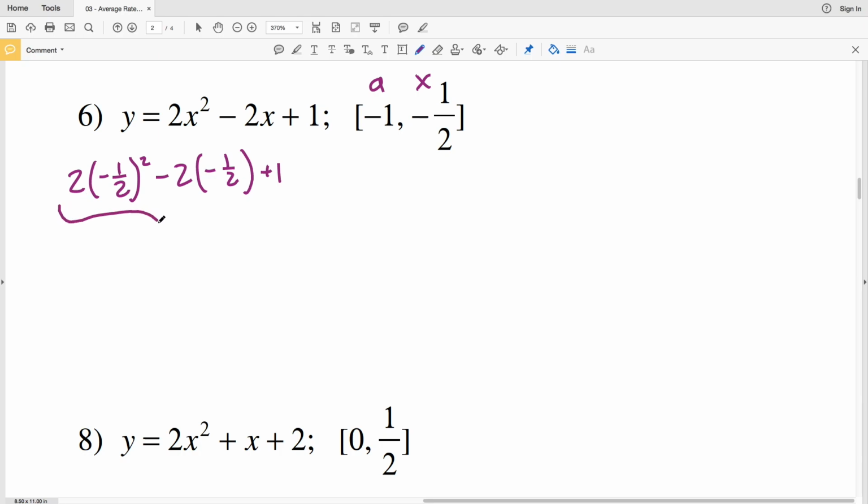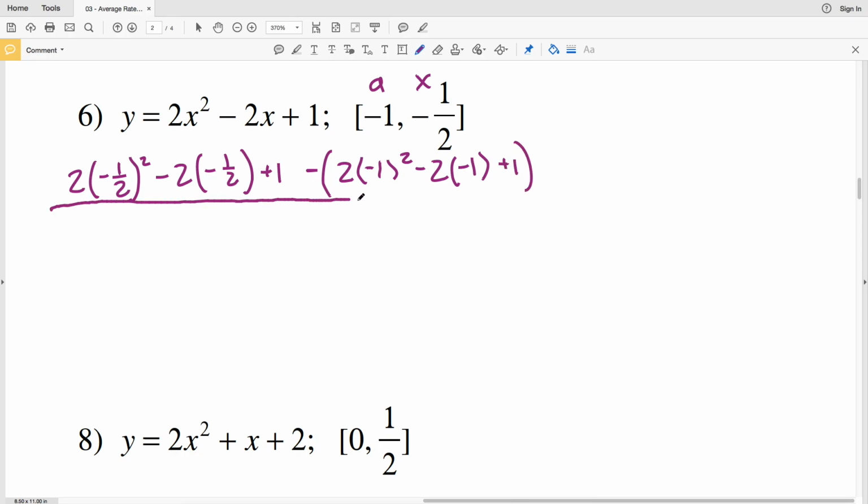So that is f of x, and I'm going to be subtracting f of a, which is 2 times negative 1 squared minus 2 times negative 1 plus 1, and that's all over x minus a, negative 1/2 minus a negative 1, which I'll write as negative 1/2 plus a positive 1.